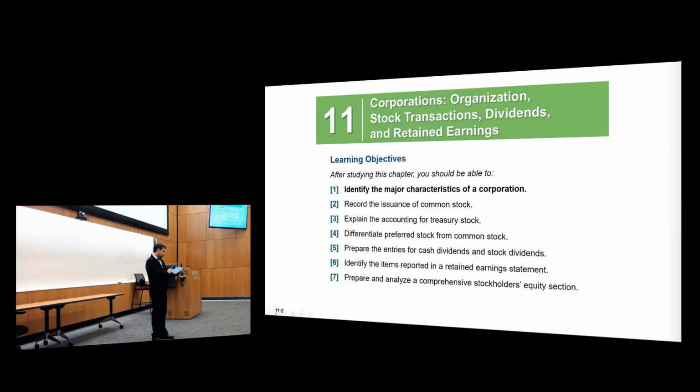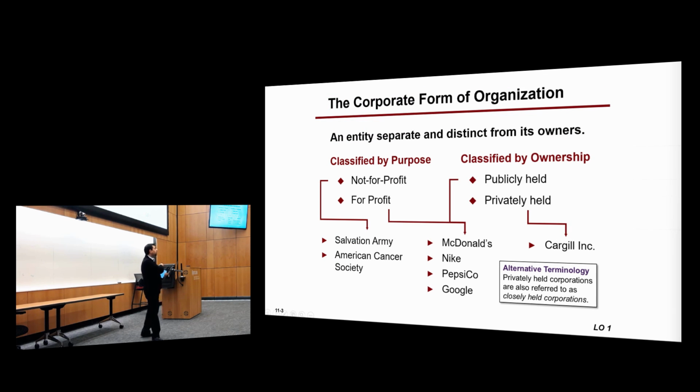Now, before we start talking about that, we need to talk generally about companies and corporations. We touched on this topic before. So companies can be classified either by purpose or by industry. What do we mean by purpose? Well, they can be classified by industry as well, but here we're talking about the broader classification.